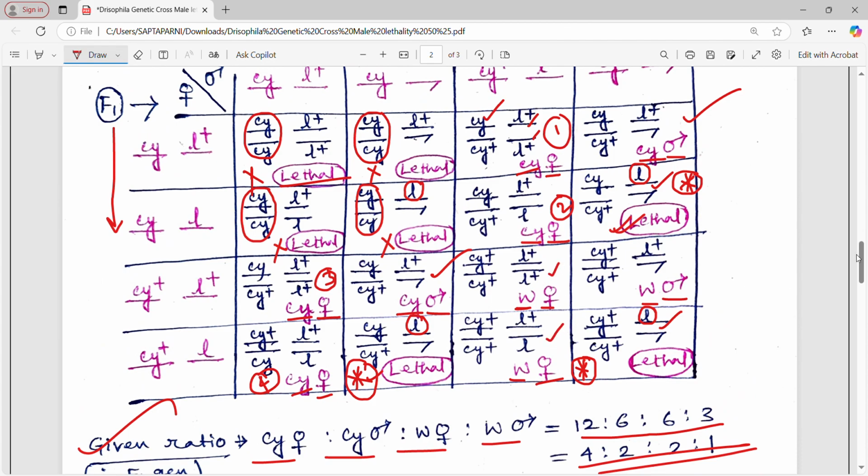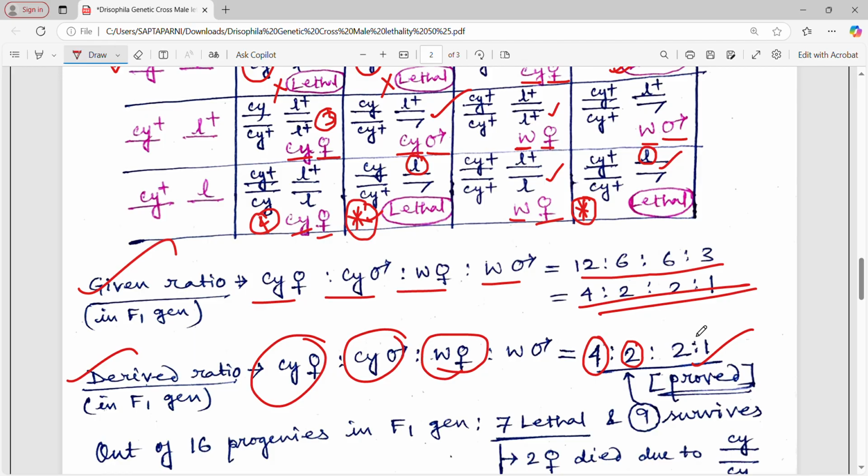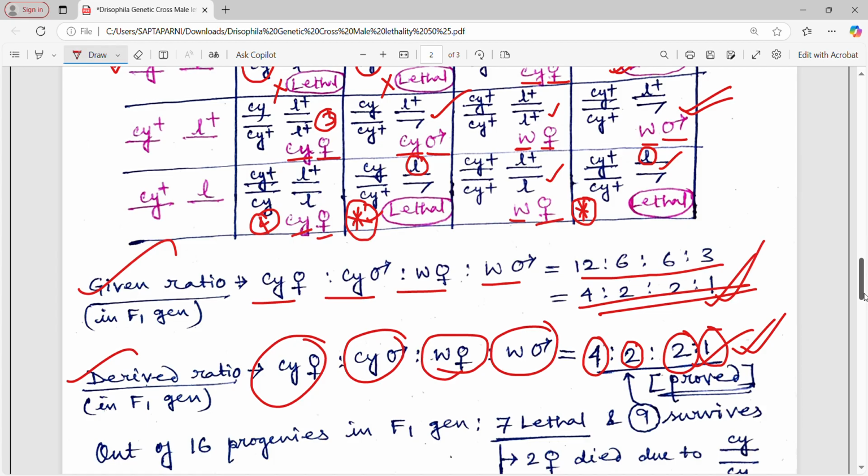So 2 wild females are there. And how many wild males are there? Okay, see, there is only a single wild male. So it is 1. So you can see the given ratio in our question is matching with the ratio derived from our cross, from the F1 progeny data. Okay, so our cross is correct here.